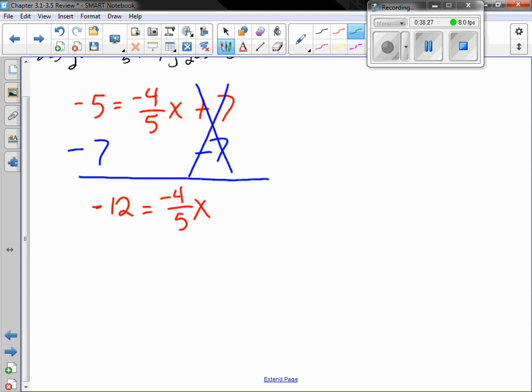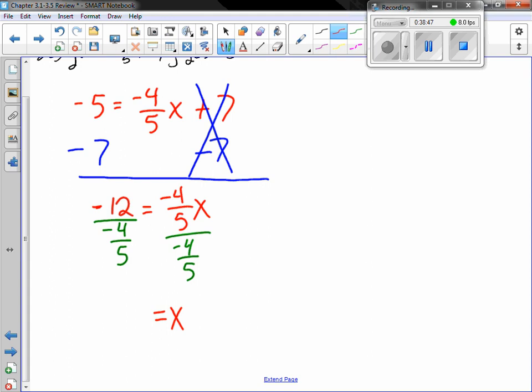Well, we can divide or times. So I'm going to show division here. So I can divide both sides by negative 4/5, which would get x by itself.